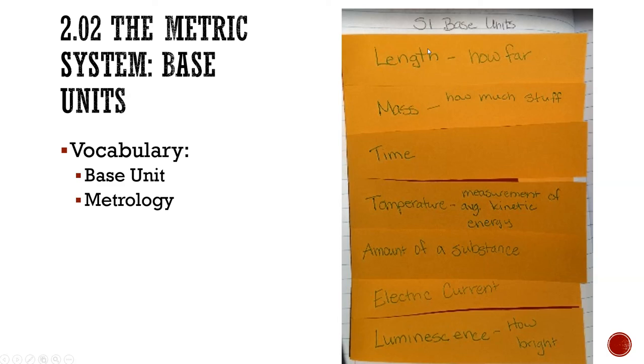Now, this is where I get pretty flexible as to how your interactive notebook is going to look. If you don't want to do brightly colored paper and cut the tabs and fold it hamburger style and all of that, I totally get it. You're just fine. I don't want you guys to stress that it doesn't look just like mine.